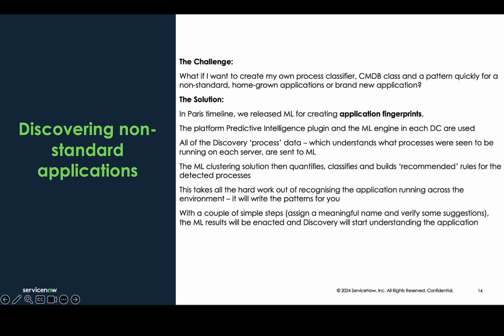And our machine learning then uses a clustering solution to quantify, classify, and build those recommended rules for the detected processes. So this takes all the hard work of recognizing the applications running across the environment. And we've also added a couple of simple steps to start understanding the application.